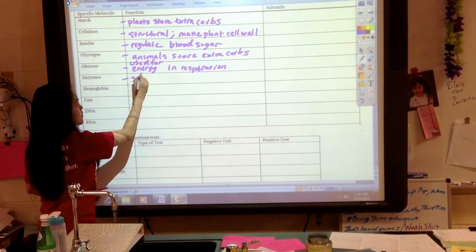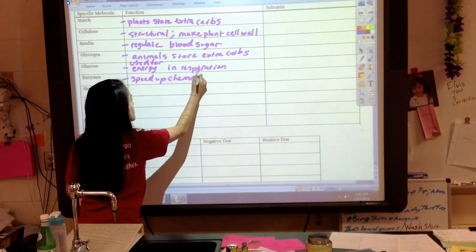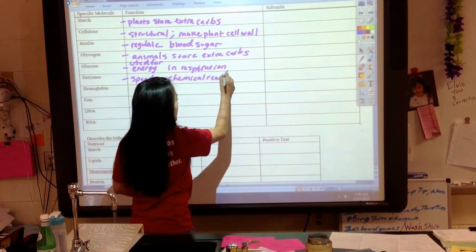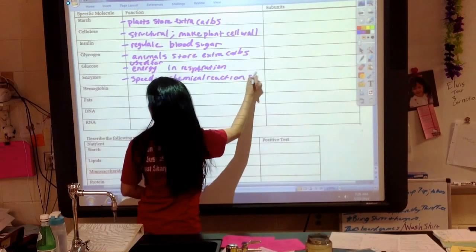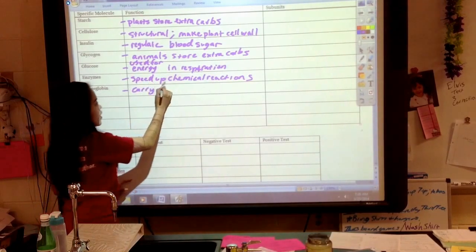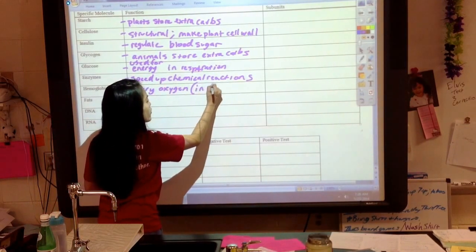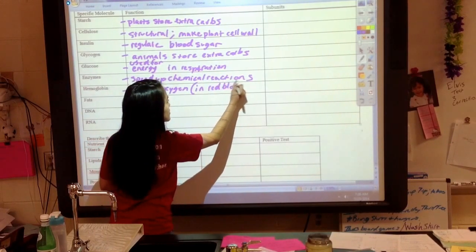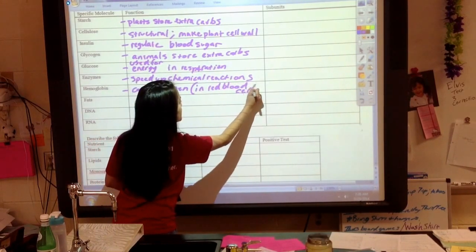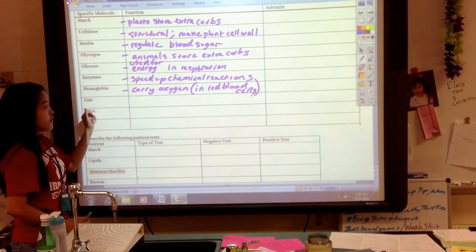Enzymes are going to speed up chemical reactions. Hemoglobin is going to carry oxygen, and that's inside of the red blood cells. Then you'll have fats.